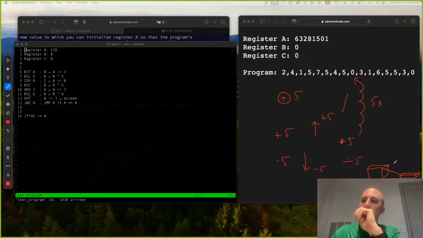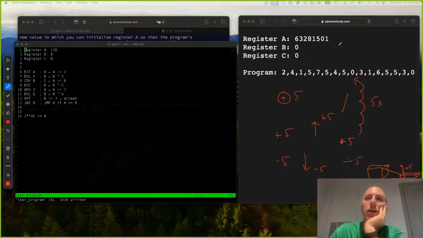Yeah, kind of like whatever. This thing, like 5x, would be this. So yeah, I have intuition for all these things, but what does exclusive ORing something with 5 do? What is the intuition for that?